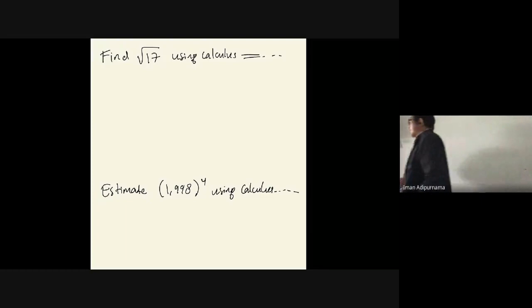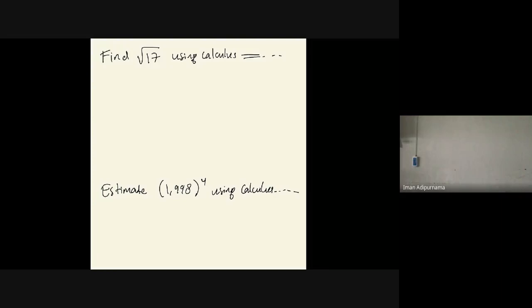The first one is just the square root of 17, the same case as before, just a square root. So the function is the square root of x, and the other one is 1.998 to the power of 4.